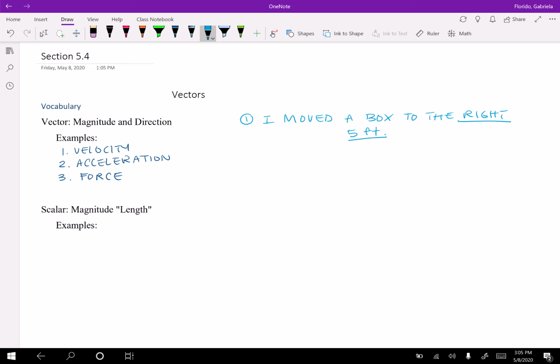A scalar is just the magnitude, it's just the length. Some of the examples that we are familiar with are length, the area, again, it's just a number, there's no direction, the volume, temperature, and so again, these are going to be real numbers.